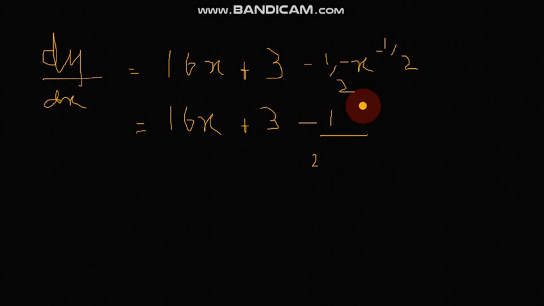So when I bring it down with 2, it became x with power positive half, right? And we know that half is also equal to under root, so I can write this as 2 under root x. So I hope that many of you would have understood it now.